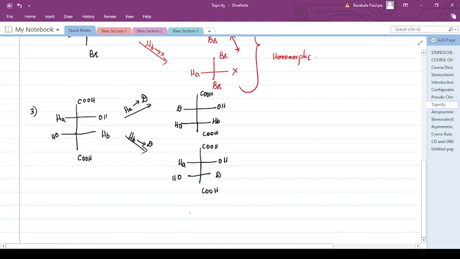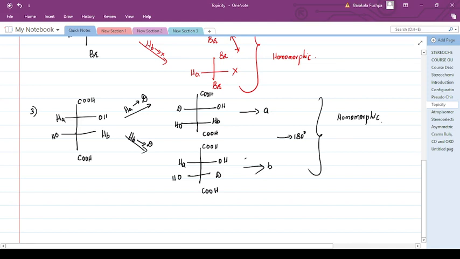Now by rotating one molecule, if you name this A and this B, either rotate molecule B with respect to A or rotate molecule A with respect to B by 180 degrees, then what you get is an identical molecule, and that is called homotopic ligand or homotopicity.